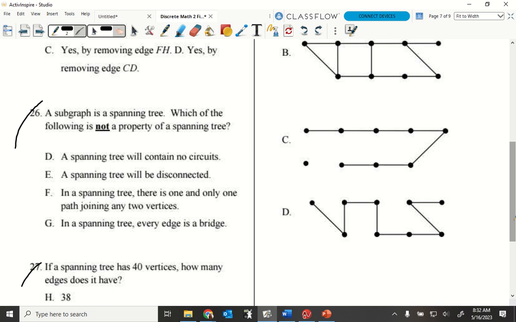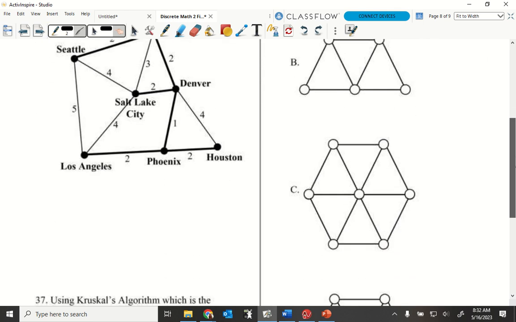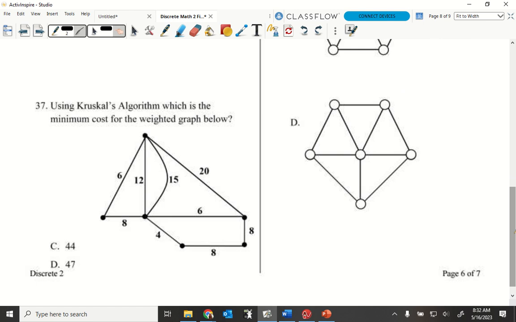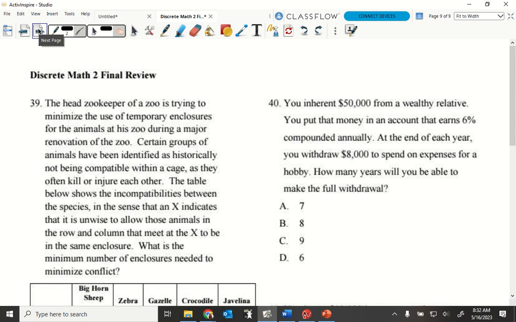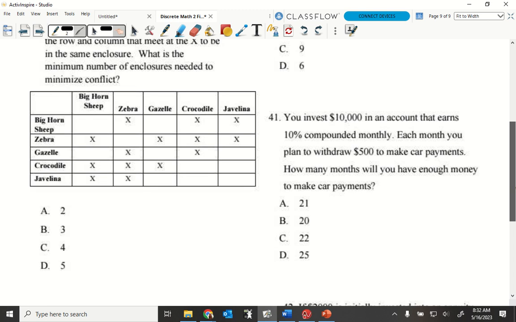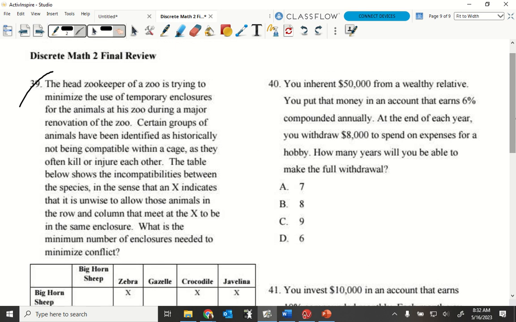It jumped to 36? Okay, so it wasn't just me. Okay, another spanning tree. 38, spanning tree. 37. 39. It's another one. And that brings us to question 40.